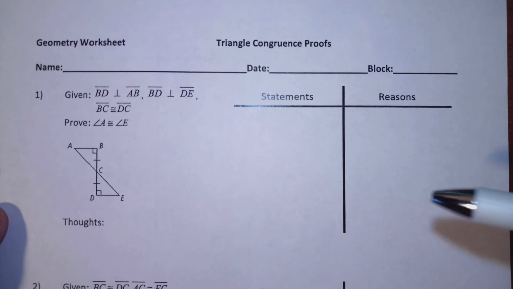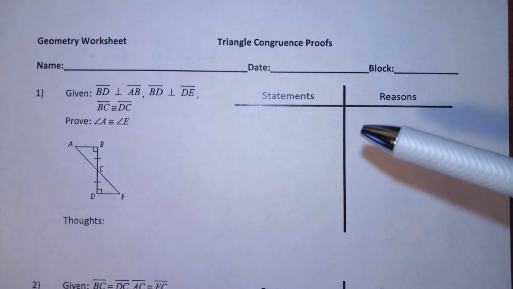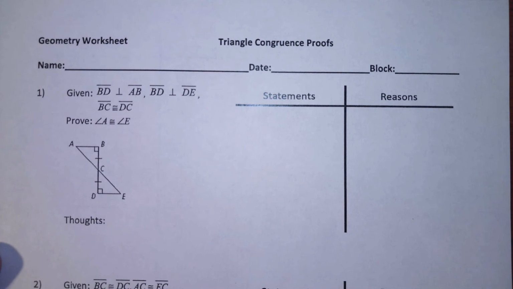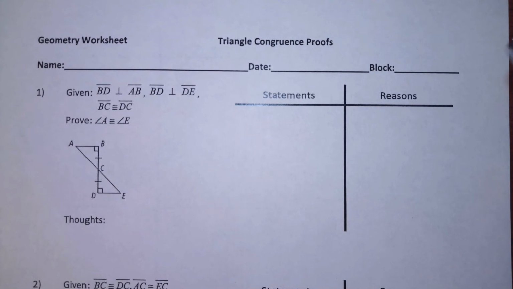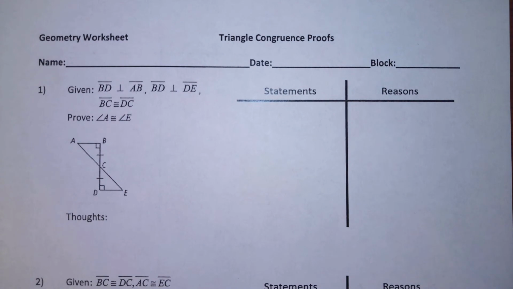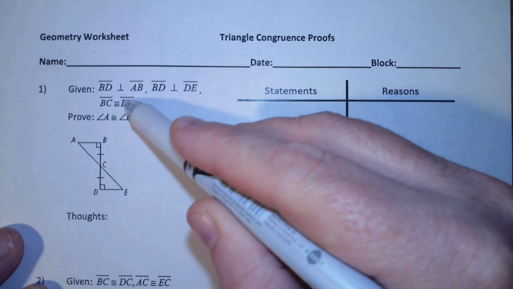And I have a previous video where I go over all of the tools that we will use, and I might bring my toolbox back in here to look at stuff. Okay, so before I even start anything, I'm going to plan out my proof. I see perpendicular, perpendicular, and congruent.